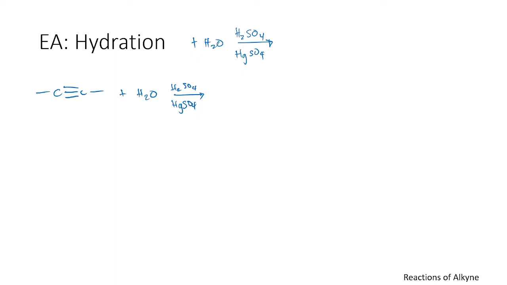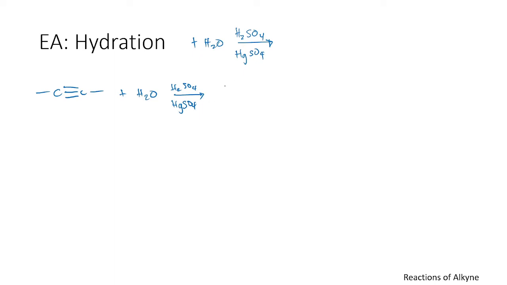By tautomerism, our alkyne is first transformed into an enol. By enol, we have ene, which is alkene, and ol, which is alcohol. Then it will again be transformed into a keto, or our ketone. So how does that happen?